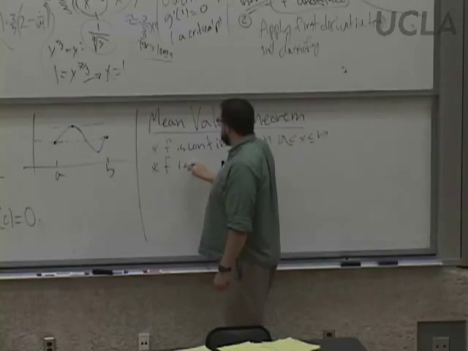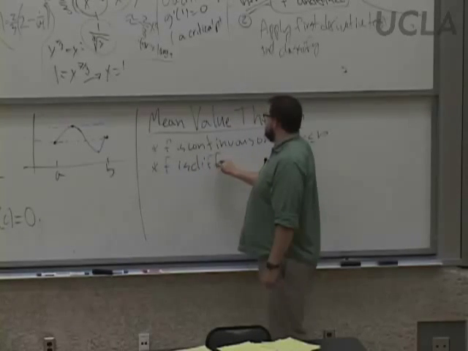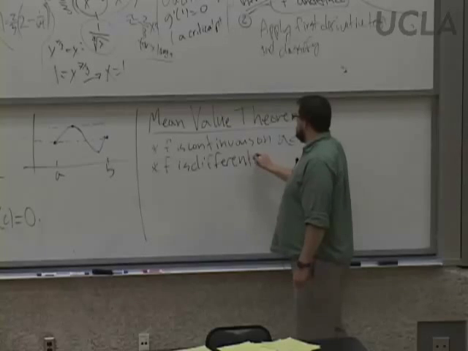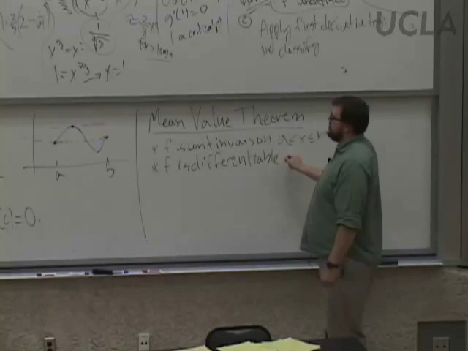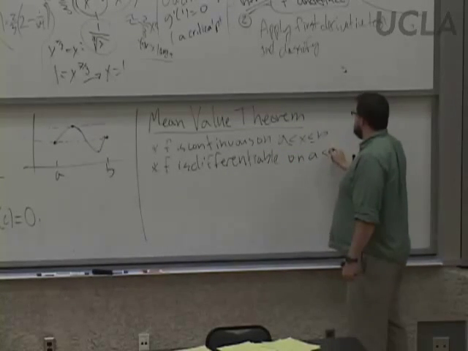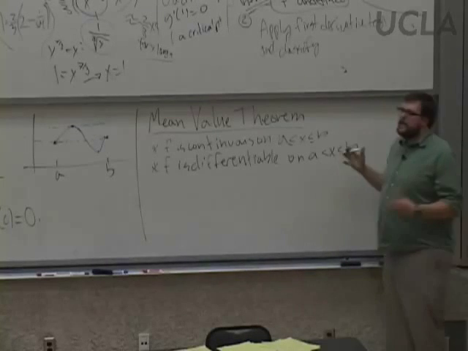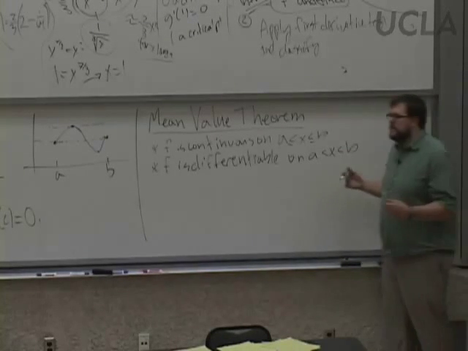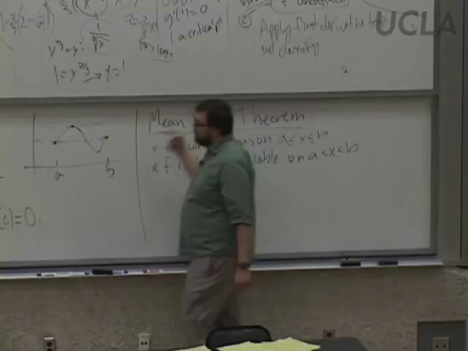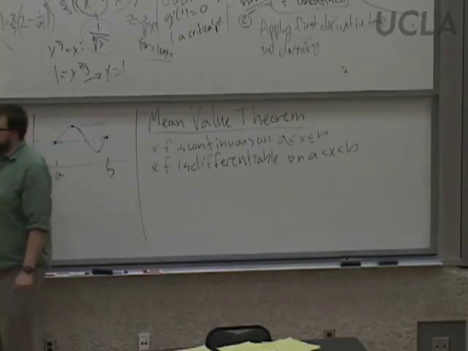And F is differentiable on a less than x less than b. So notice it's essentially the same thing as you had for Rolle's theorem. Same basic facts. Now, we're not going to assume that f of a equals f of b.